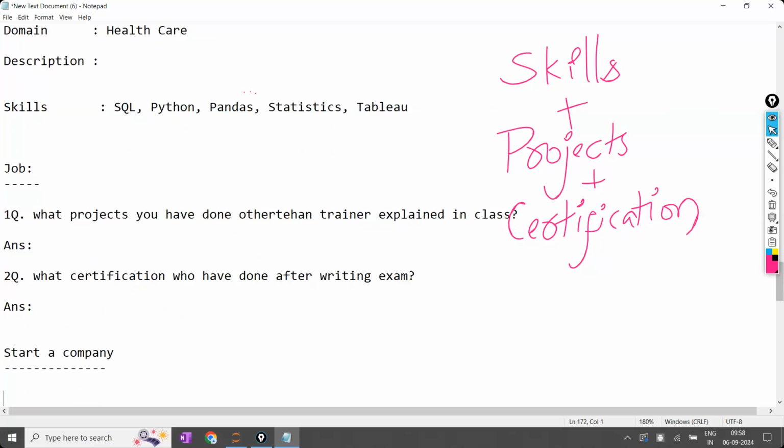If you start a company and you want to hire a person, what are the things you are going to observe? What do you want exactly?